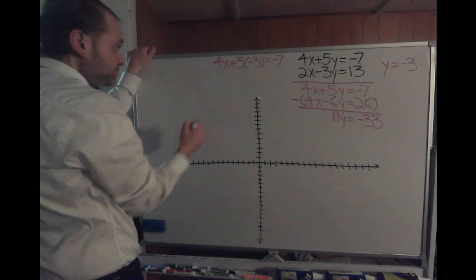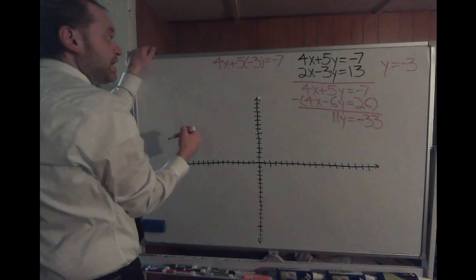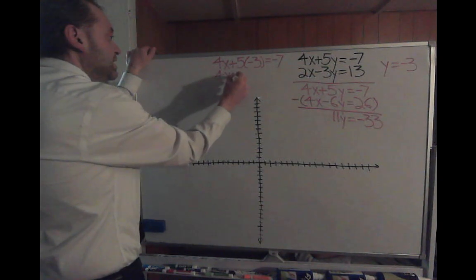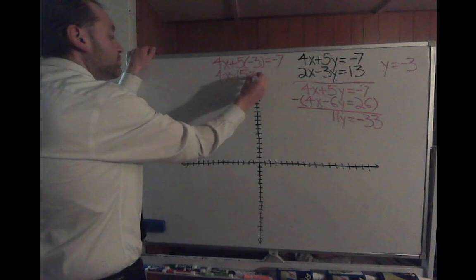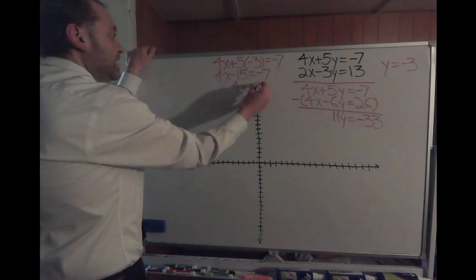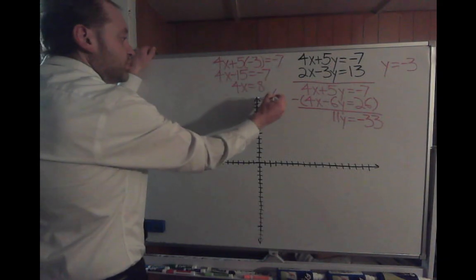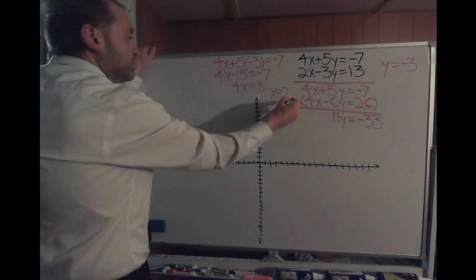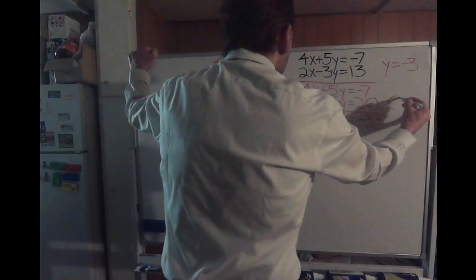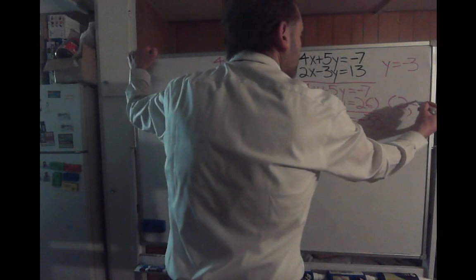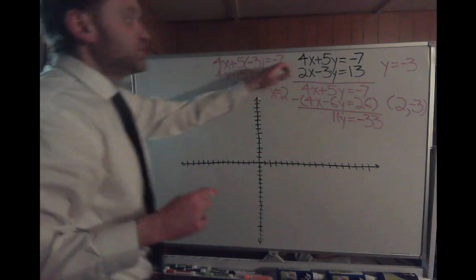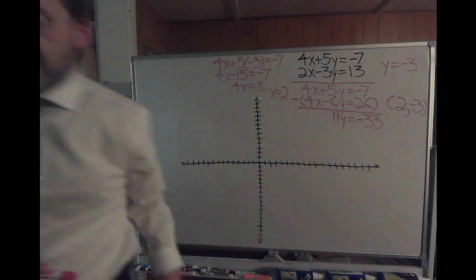That's 4x minus 15 equals -7, which gives you 4x equals 8, so your x-coordinate is 2. So your point of intersection for these two lines is the coordinate 2, -3. At 2, -3, these two lines come together and intersect.